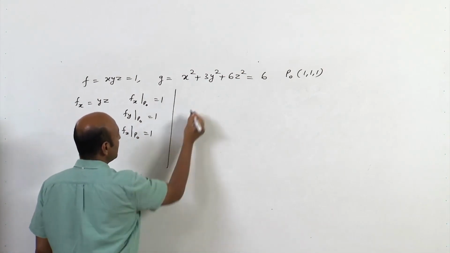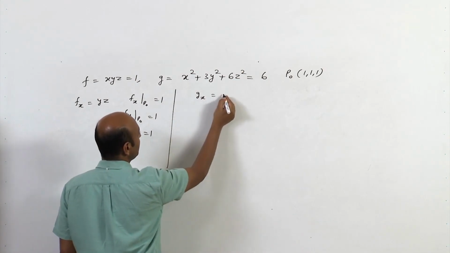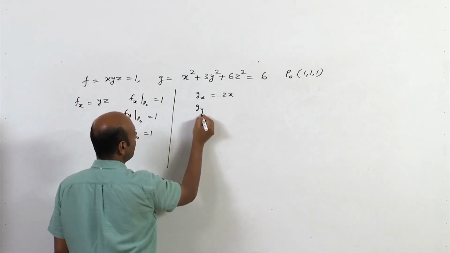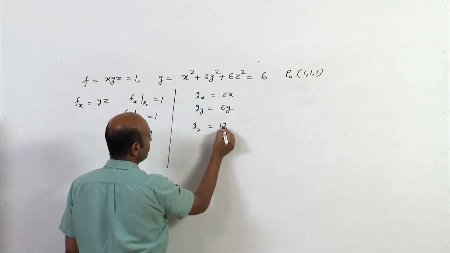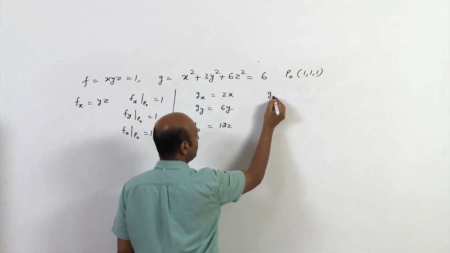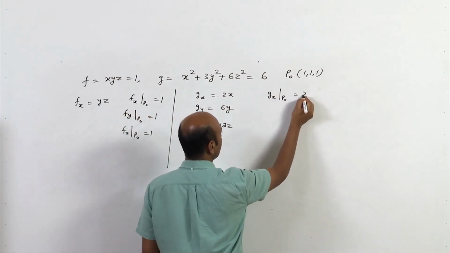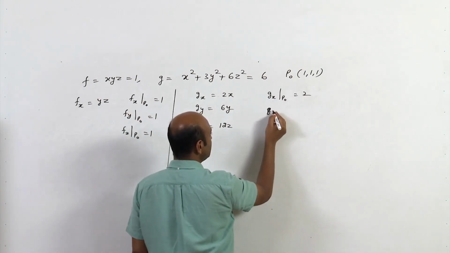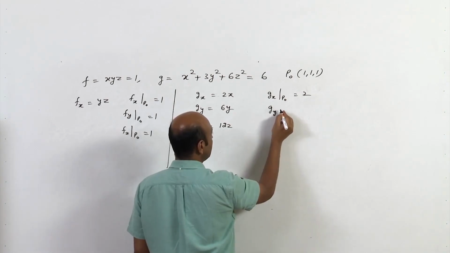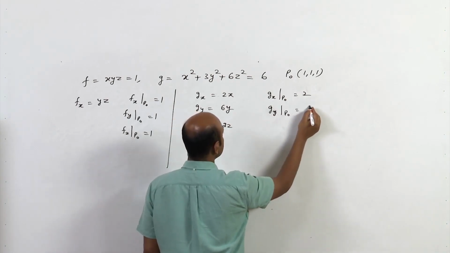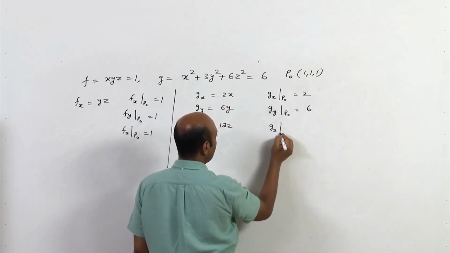Okay. What is gx? gx will be 2x, gy will be 6y and gz will be 12z. So, gx at P naught will be 2, gy at P naught will be 6 and gz at P naught will be 12.